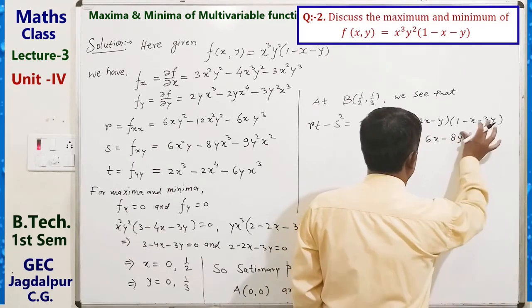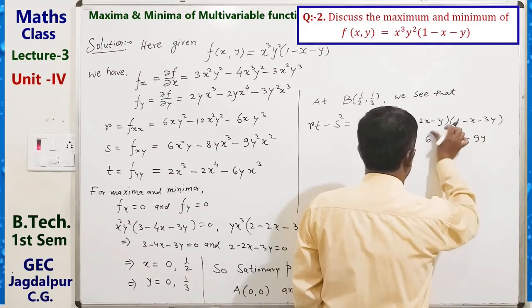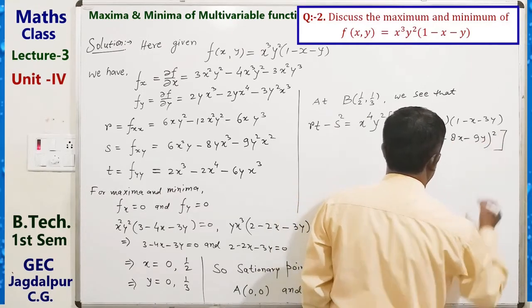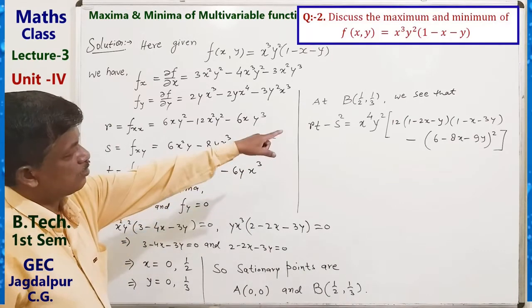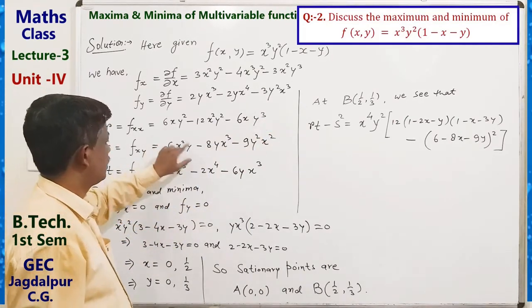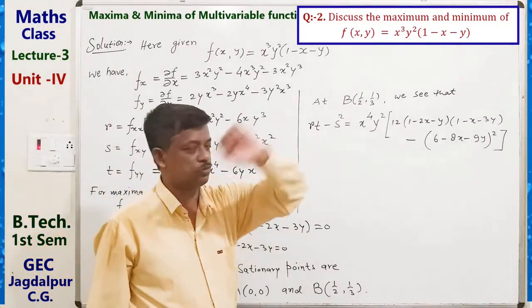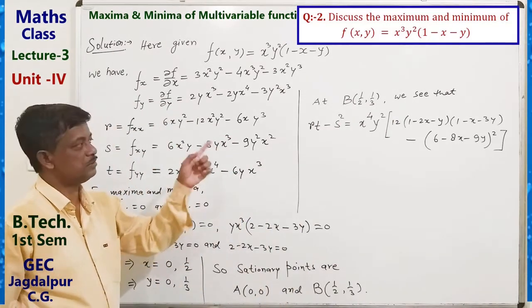Because we are taking common x to the power 4 y square, 6 minus 8x minus 9y square is inside. This is the value of RT minus S square.